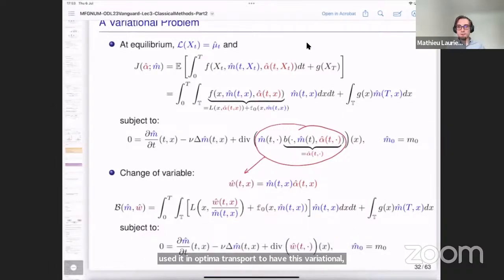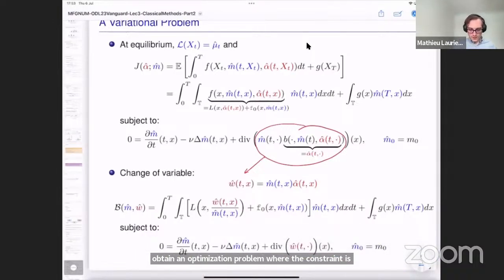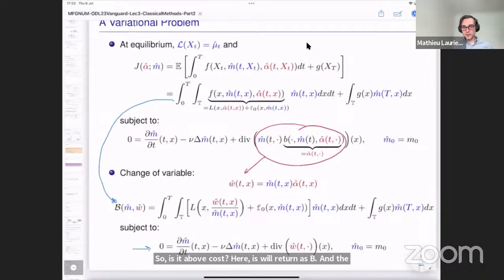And the advantage is that in this case, you obtain an optimization problem where the constraint is linear. So the above cost here is rewritten as B, and the constraint is linear. Why? Because we don't have any product anymore. We have just the divergence of w hat.